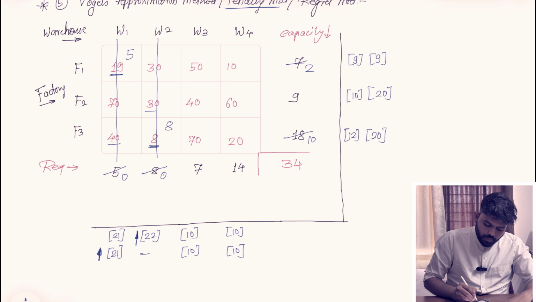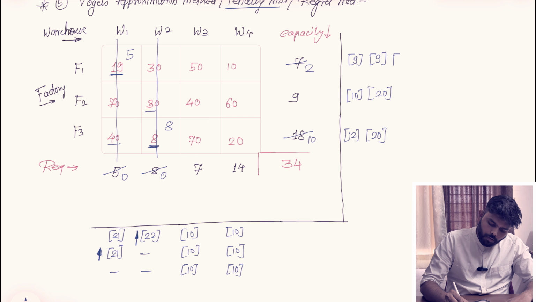Again carry out the same procedure, write down the penalties. The penalties for the first 2 columns will be dash because those are already eliminated. The penalty for the third and fourth columns will be 10. The penalty for the first row will now be 50 minus 10, that is 40. For the second row it will be 20 and for the third row it will be 50.